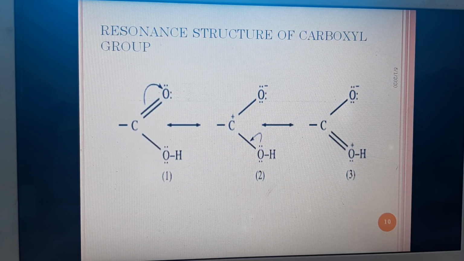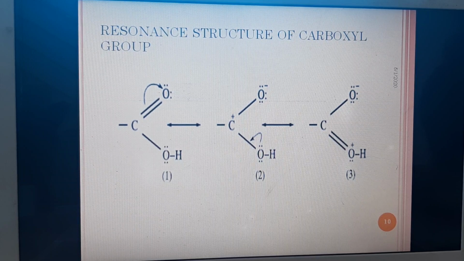Now in the second structure, one lone pair from the other oxygen atom is shifted as a bond, and it forms a bond between carbon and oxygen, and we get a double bond.